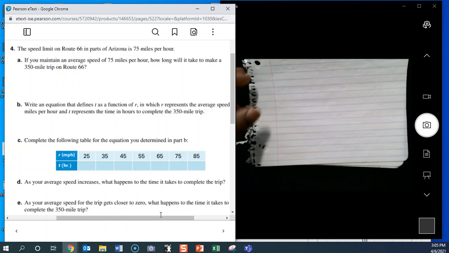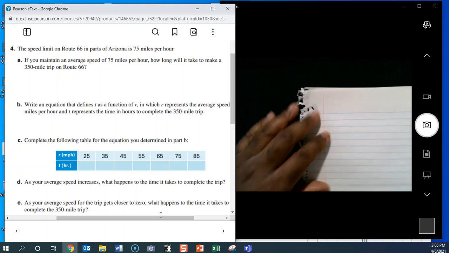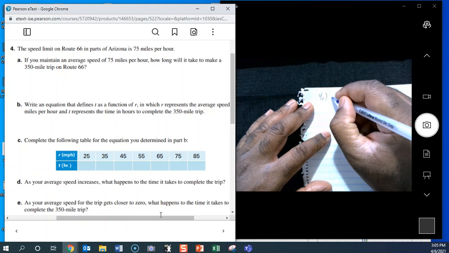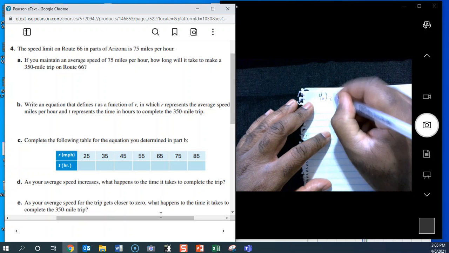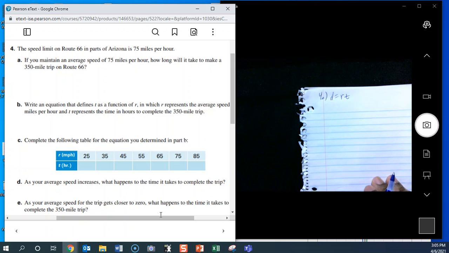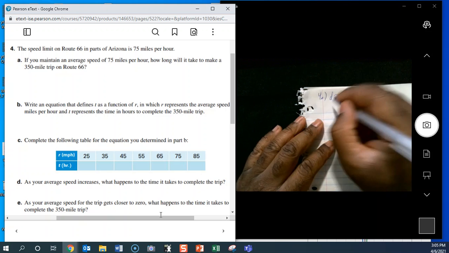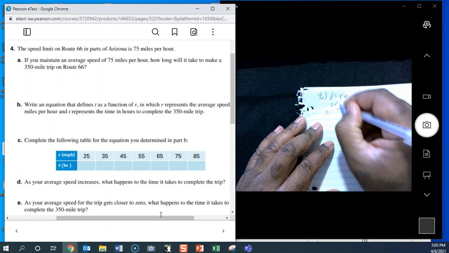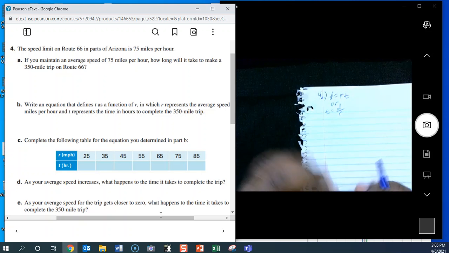Okay, so first of all, we need the distance formula. Now, the distance formula is equal to rate times time, or sometimes it's written as time is equal to distance divided by the rate.